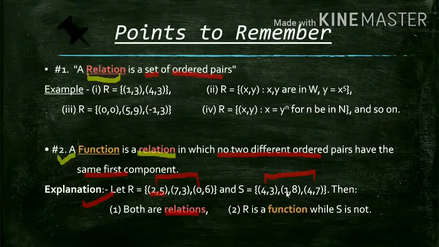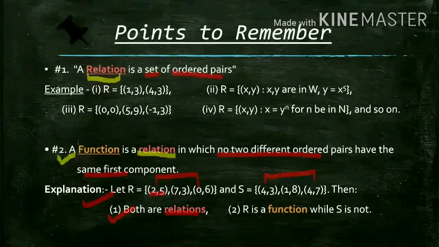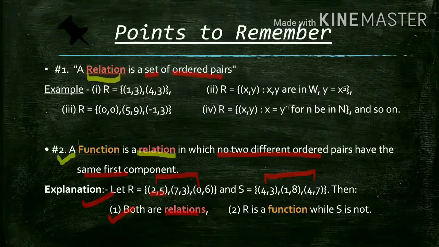Now S is also a set which contains ordered pairs. So R and S are both relations, there is no doubt. That means the first option is correct. Now, we need to verify whether the second option is correct or not. That is asking about a function. For a function, we must have a relation, and that is true for both R and S.